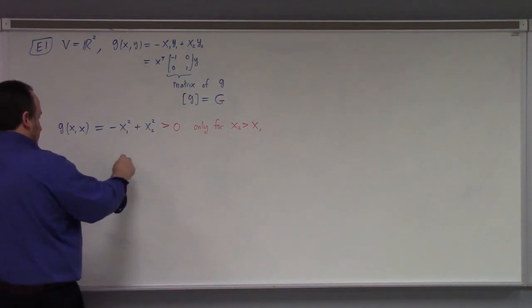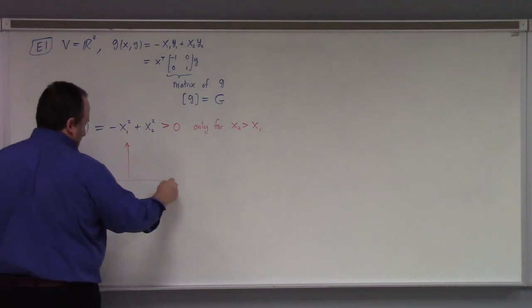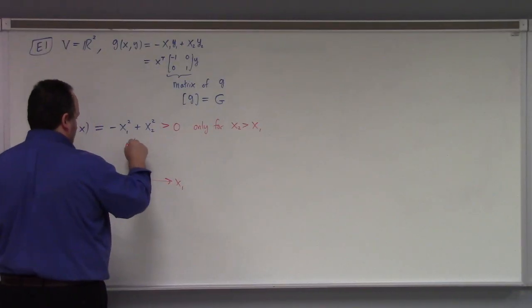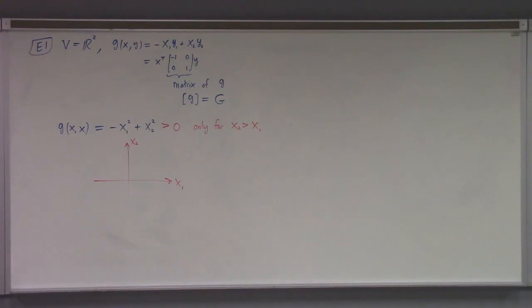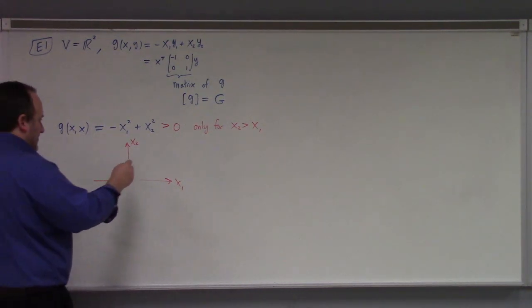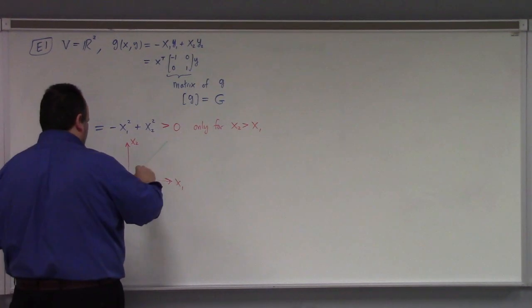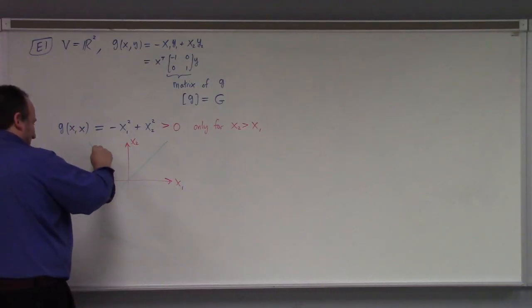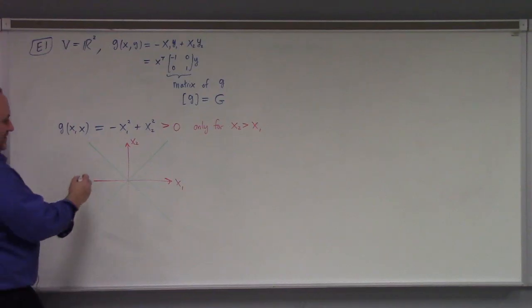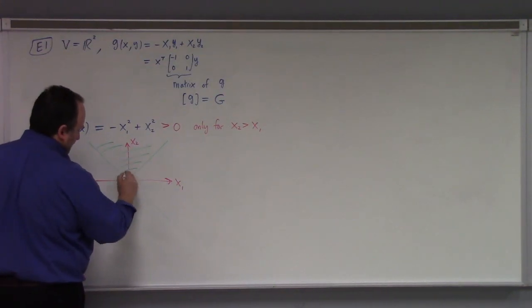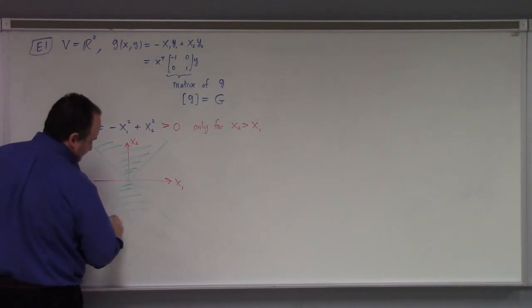If you were to graph the situation, it's not that it's not an inner product by a little bit, it's not an inner product by like half of all space. So x2 greater than x1, that's up here, or down here.